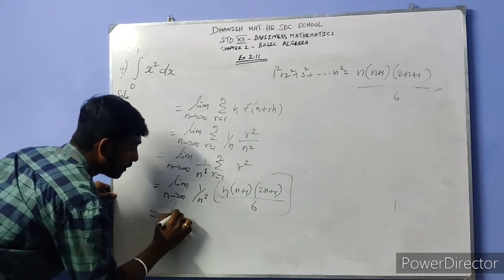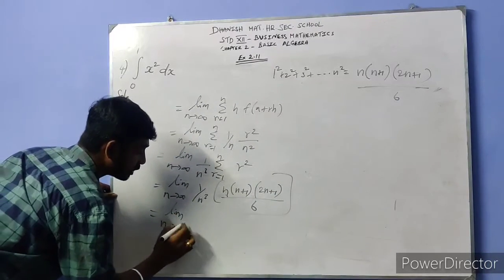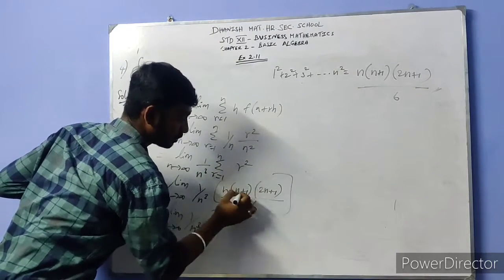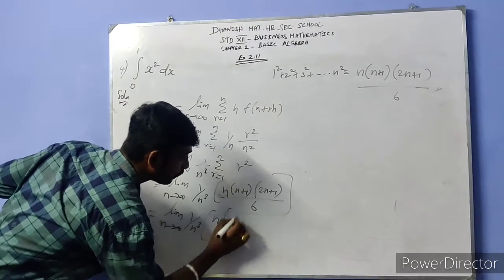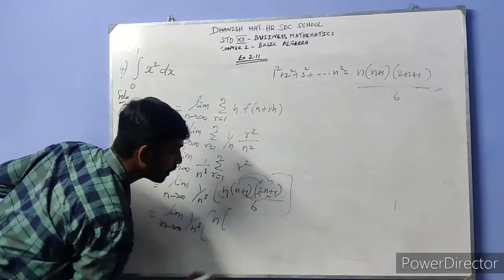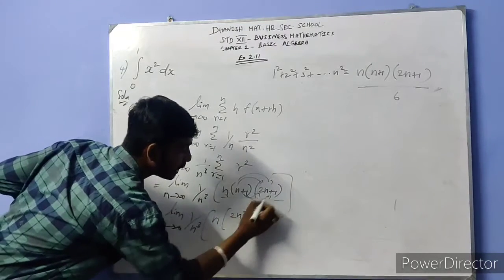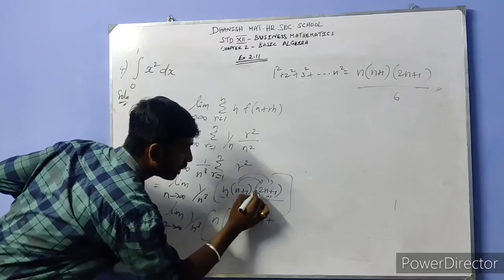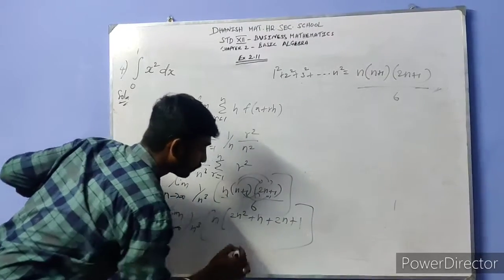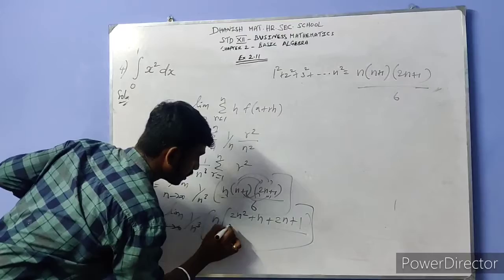Now limit n tends to infinity, 1 by n cube. Now I am going to multiply these two terms: n into 2n will be 2n square, n into 1 is n, 1 into 2n is 2n, plus 1 into 1 is 1, divided by 6.